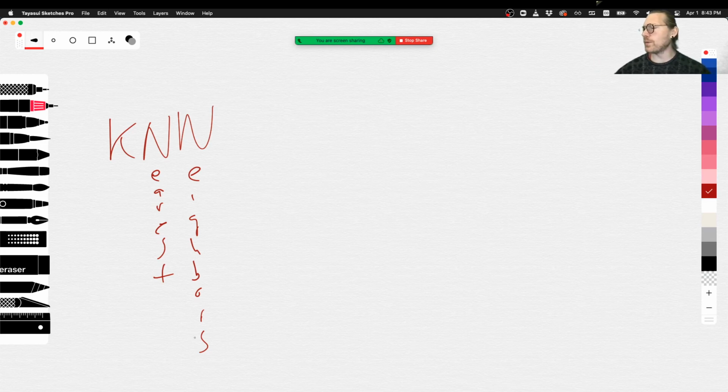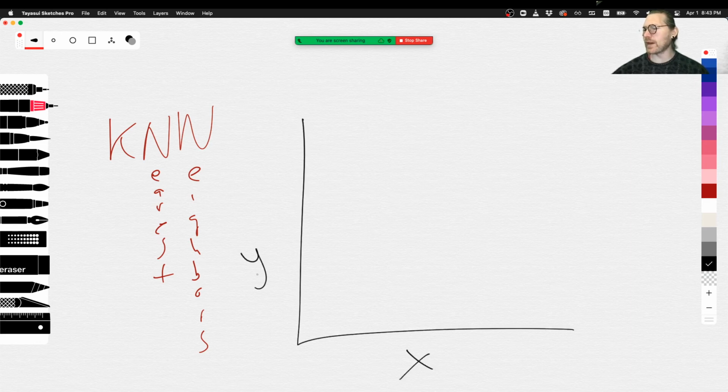We're going to approach this with simply x and y data. Okay. We're just going to use two features, and when I say features, I just mean x is a feature, and well, let's think about it this way: x1 and x2, and then y is the class.